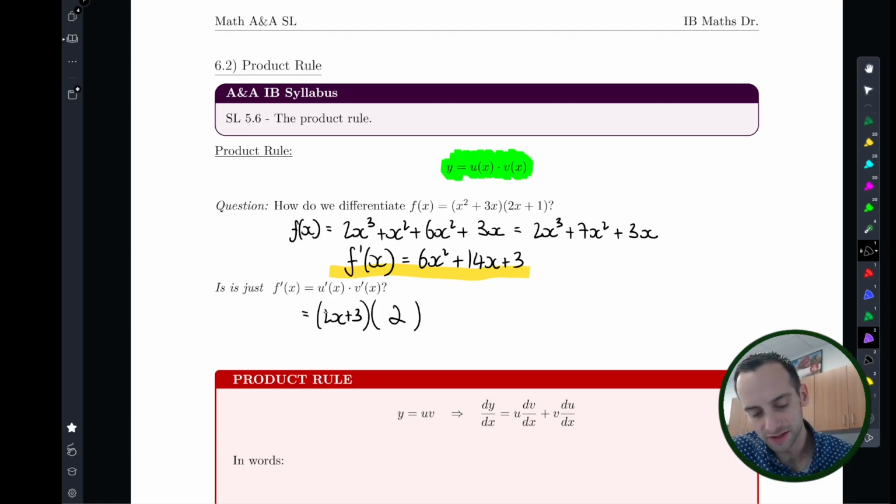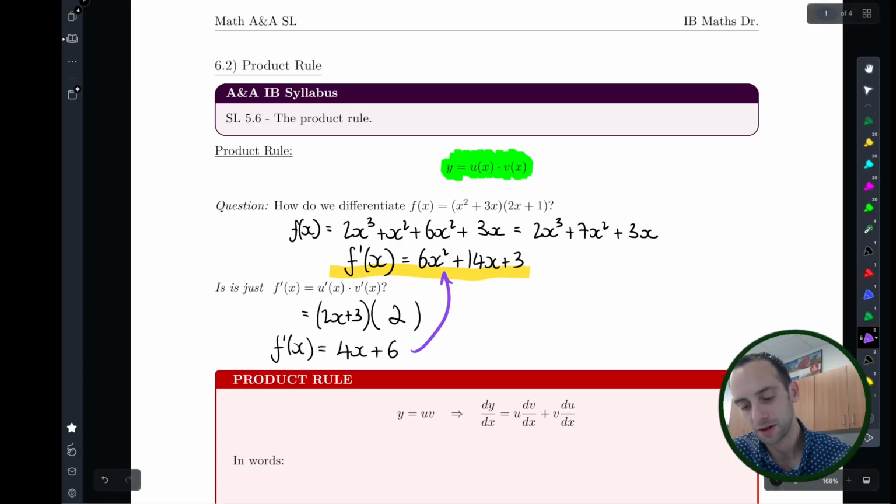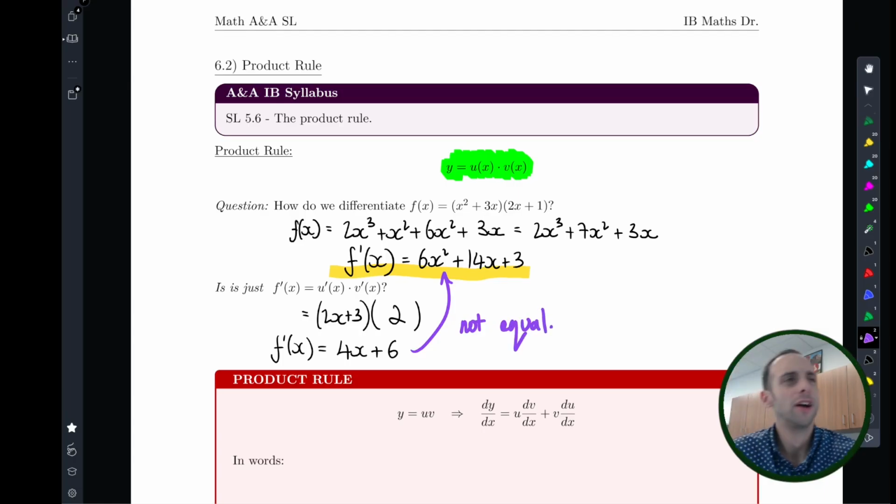And it's easy to see when we multiply this out that if we were to apply this approach, f prime of x would be 4x plus 6. But clearly, this is not equal to what we had when we avoided the product. So the question is, which one of these is correct? Well, we're more trusting in the first method, given what we've already learned in this course, that we can multiply those products out for those polynomials and take the derivative using just the power rule.